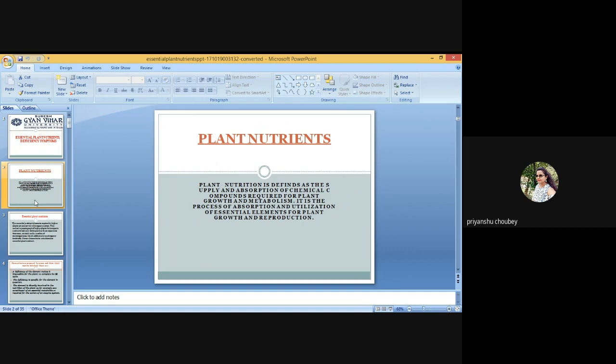For each nutrient, its concentration in the plant tissue is correlated with dry matter yield, and a plot of yields with nutrient concentration in a plant is referred to as the yield response curve.